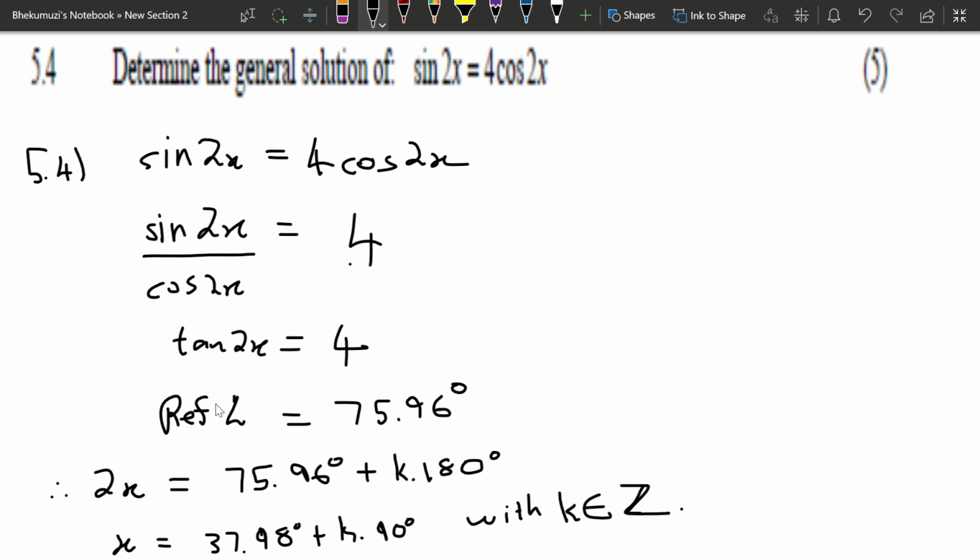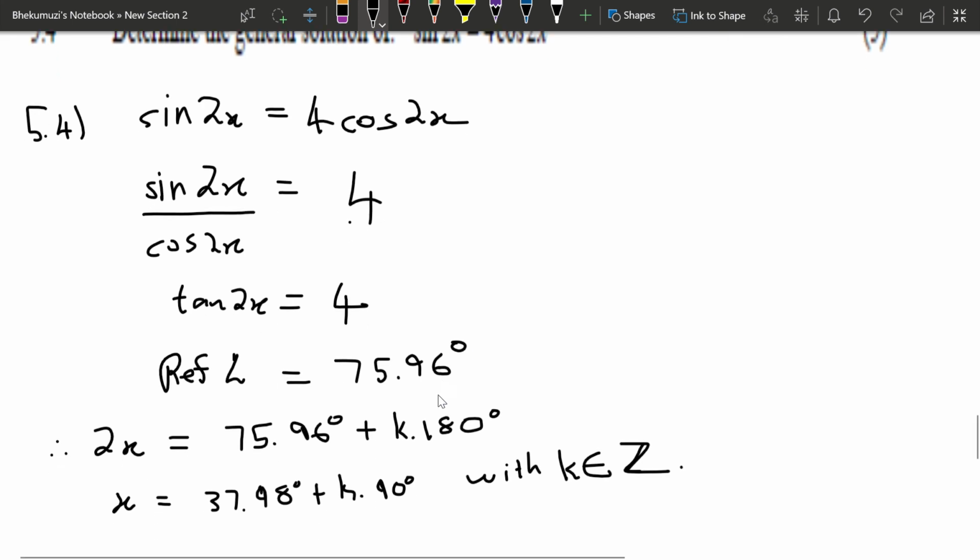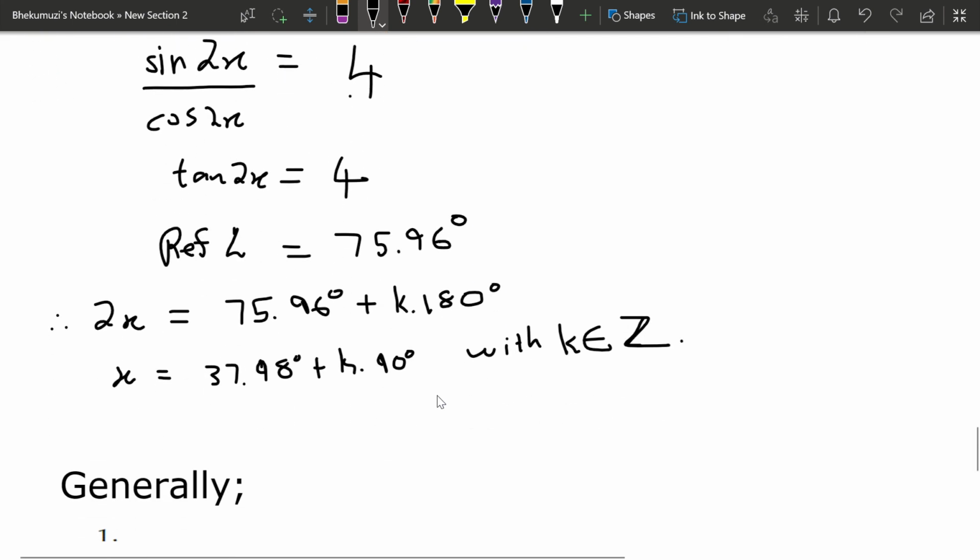When you apply arctan onto 4, you find that it gives you 75.96 degrees. But now 75.96 degrees is just our reference angle. So we say 2x equals 75.96 plus k times 180. Why k times 180?